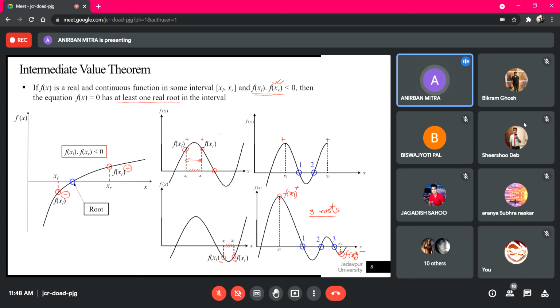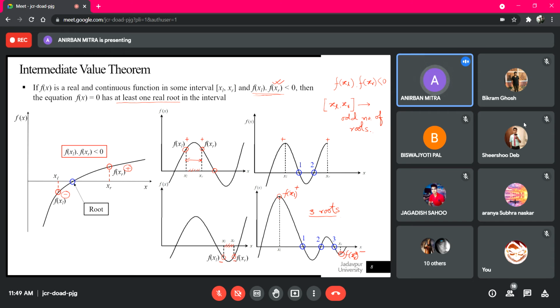In fact, you can generalize this statement and say that if this condition, that is product of f of xl and f of xr, is less than 0, then within the interval xl xr, you would find an odd number of roots.